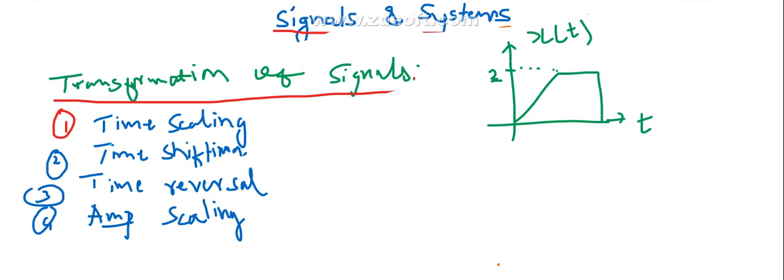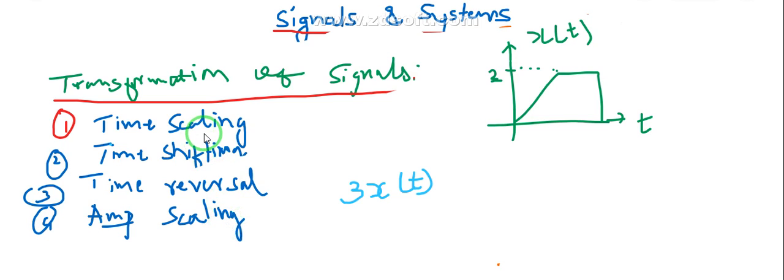Just write x of t; you don't go inside this bracket. Outside the bracket, if you write 3, that is amplitude scaling. Amplitude scaling means multiplying this signal by 3, increasing its height.